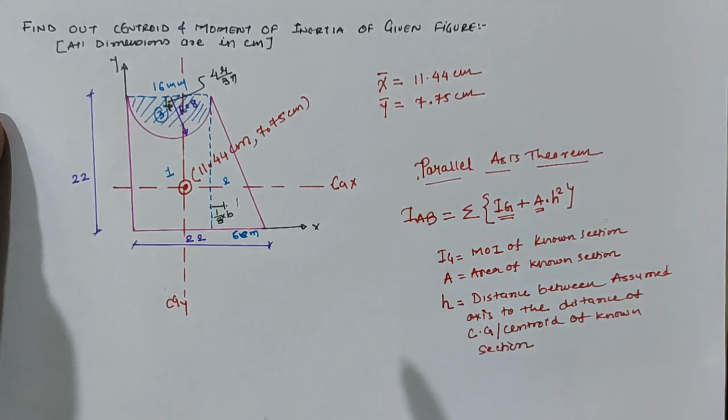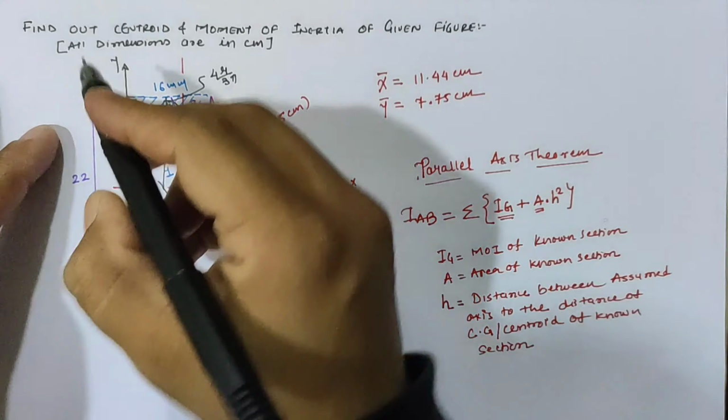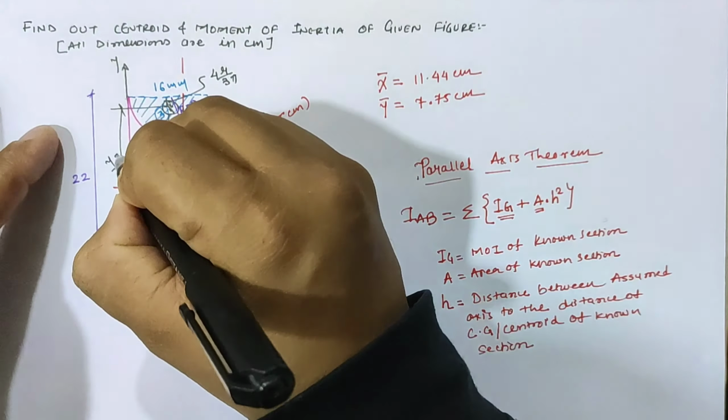Now observing the figure, we have calculated Y3 from the reference x axis, as the CG distance is from the reference axis. So from the figure we can easily say that the h3 distance is Y3 minus y bar. Similarly, for the h2 distance, our value is y bar minus Y2.